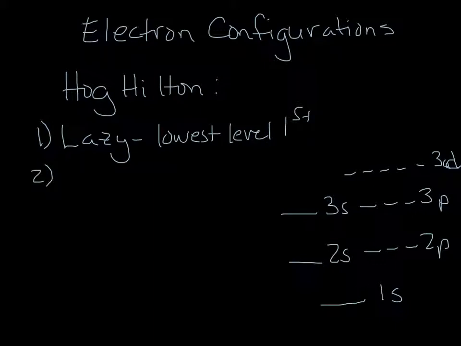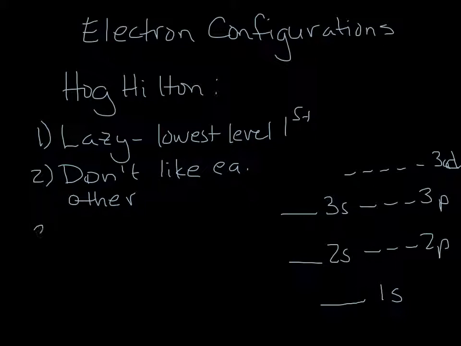Secondly, they don't like each other, so when it came to filling up a P room or a D room, you put 1 pig in each first before you paired it, because they'd rather fill up the lower levels first again. But if possible, they would like to be by themselves.